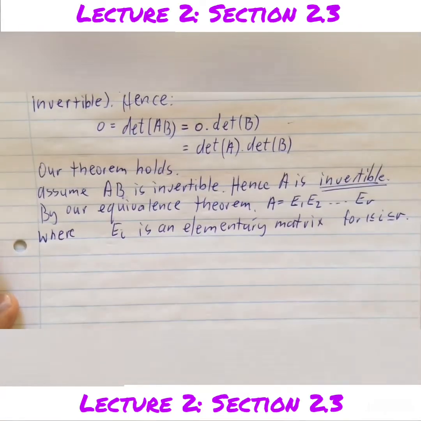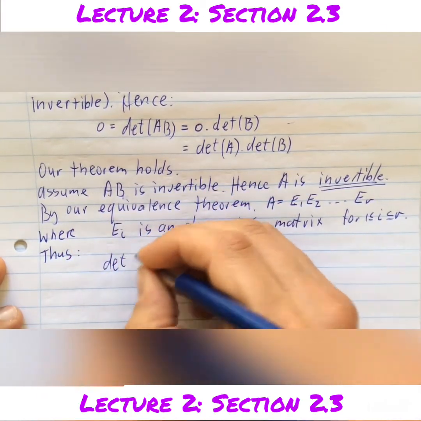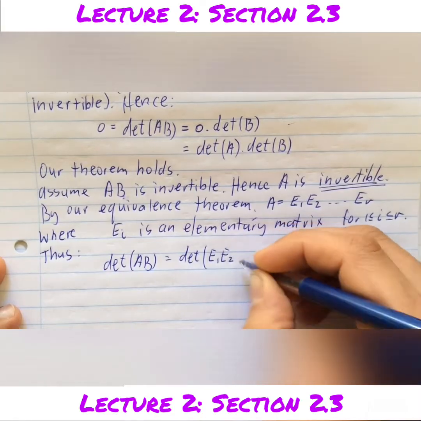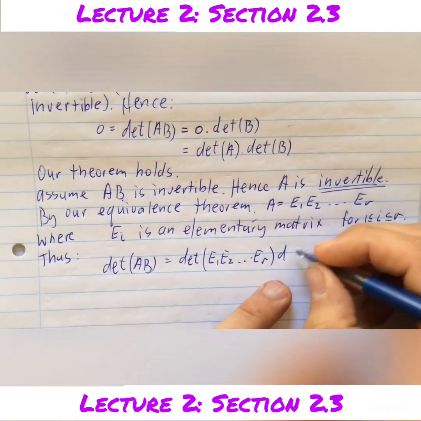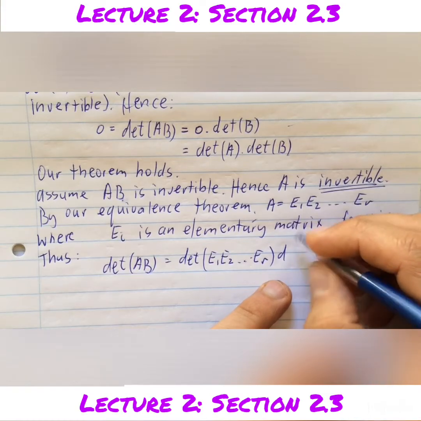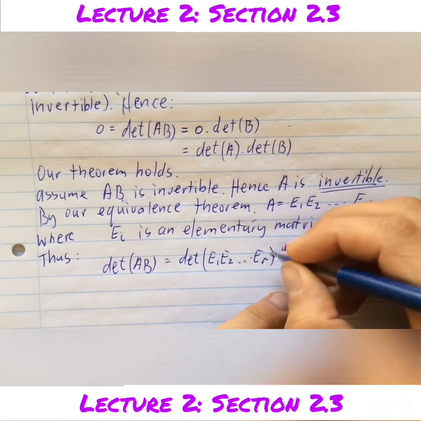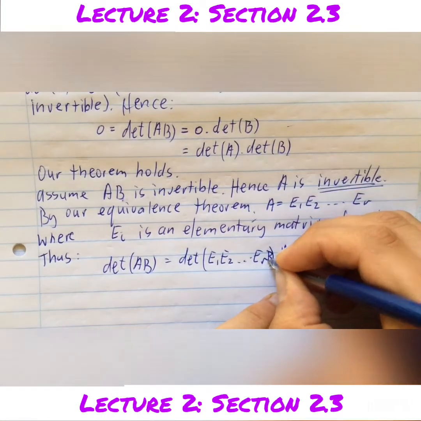So thus the determinant of A times B is the same as the determinant of the product of elementary matrices multiplied by B. Sorry about that.